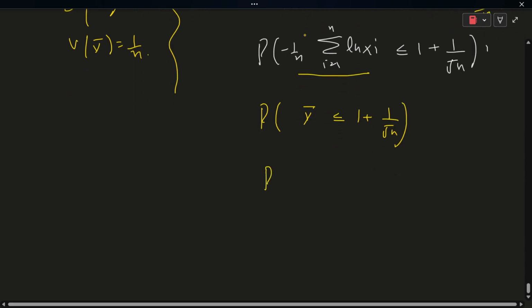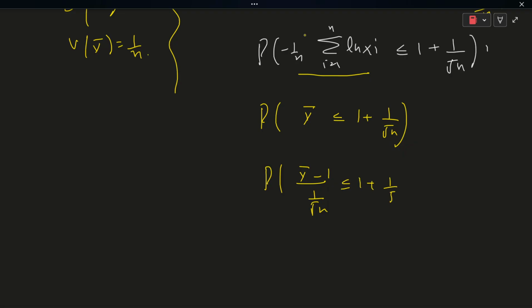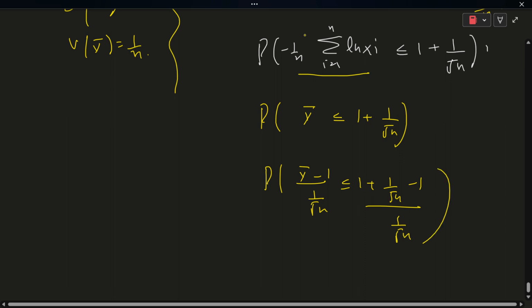So this is the probability that y bar minus 1 upon under root n is less than 1 plus 1 upon under root n minus 1 upon under root n. That is what it is.